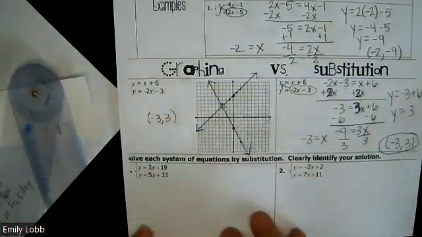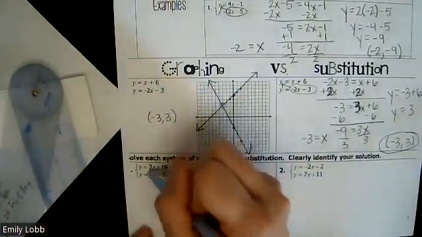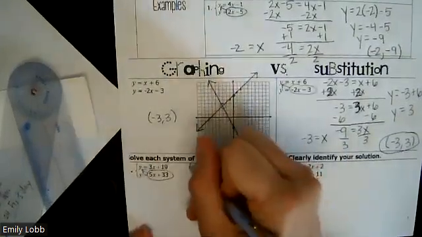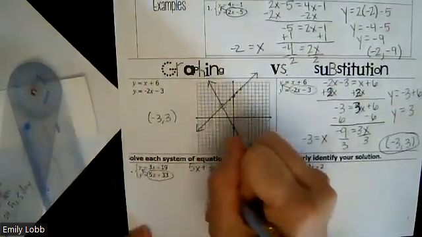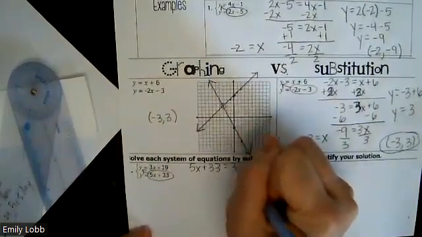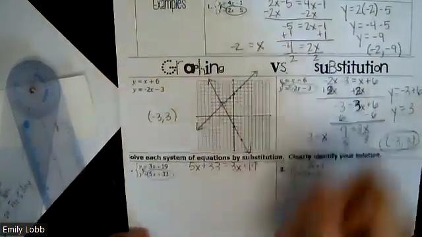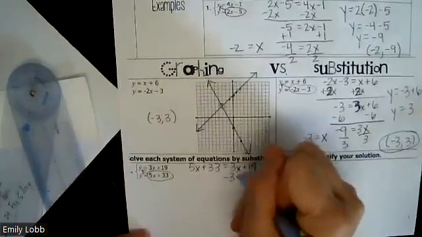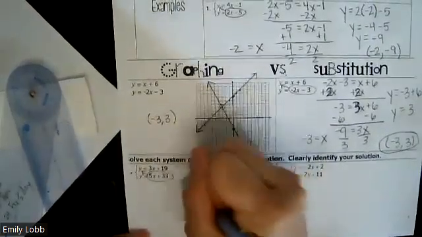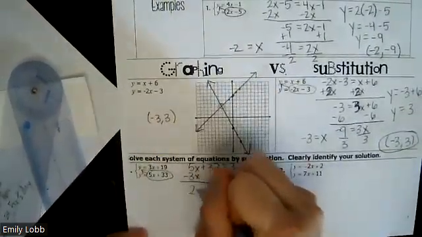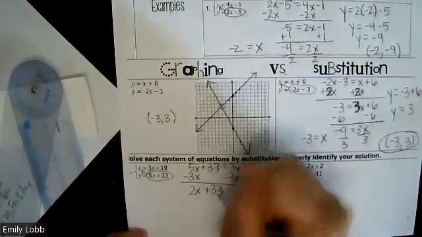All right, so substitution, again, we're replacing what y equals with y. So I have 5x plus 33 is equal to 3x plus 19. I would move my variable terms to one side or the other first so that I have a two-step equation.